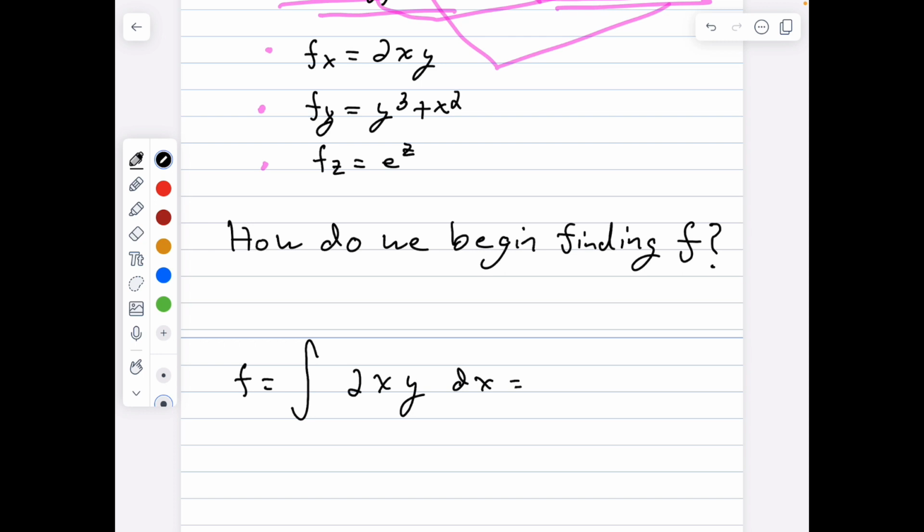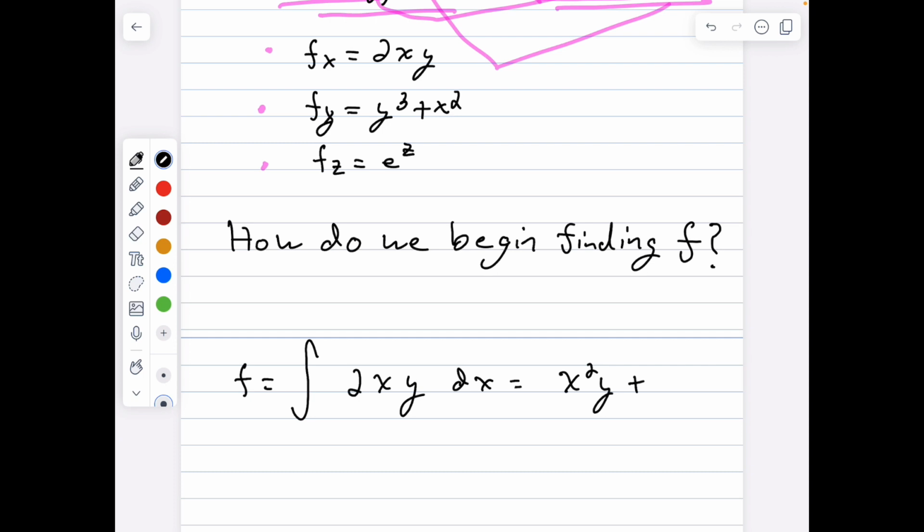So if I integrate fx, the 2xy, with respect to x, you get x squared y, because remember, y is a constant here, plus, okay, and speaking of constants, when you go back to your Calc 1 class, you always added a constant when you're finding an antiderivative. Well, similar here, but instead of a constant, you have a whole function, made out of the two other variables you're working with.